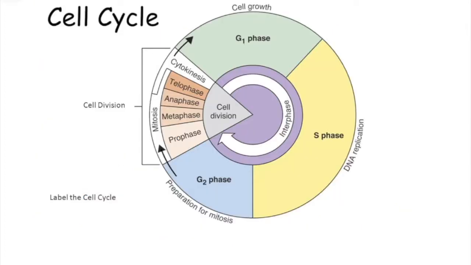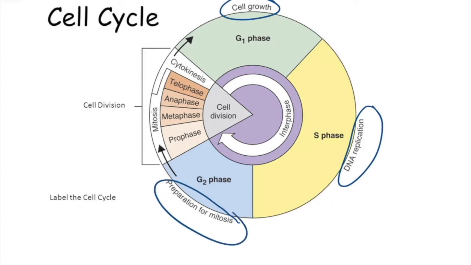So cells at any one time are always at one point of the cell cycle. They are either growing and copying DNA and getting ready to divide, or they are dividing. And actually this cell division, this is the whole thing, is mitosis. This is only maybe 10% of the time.